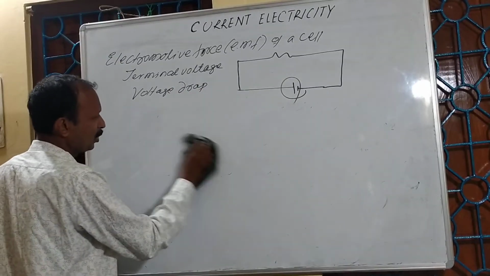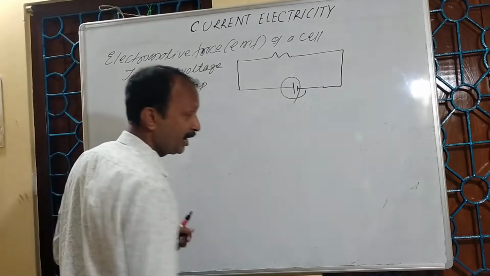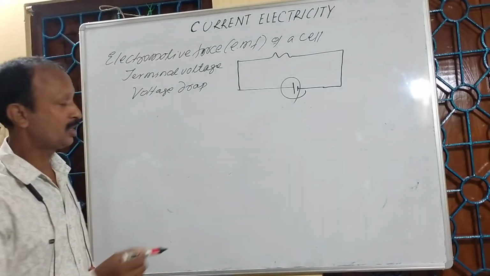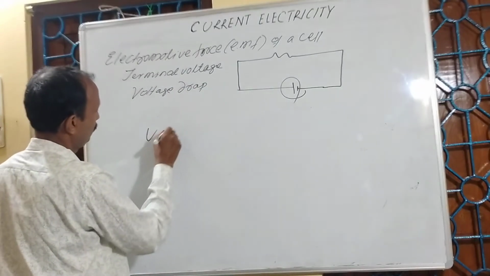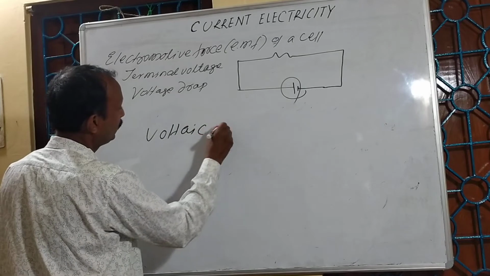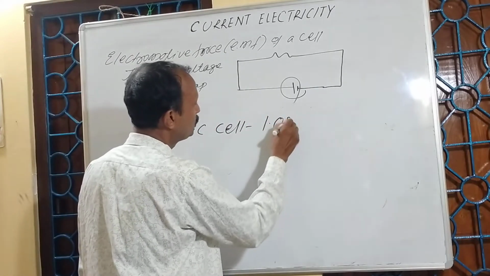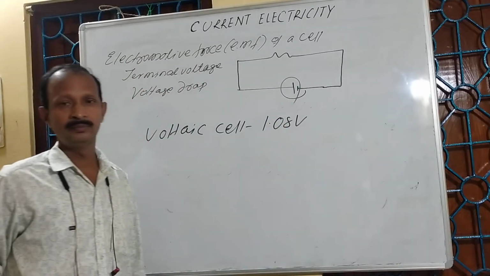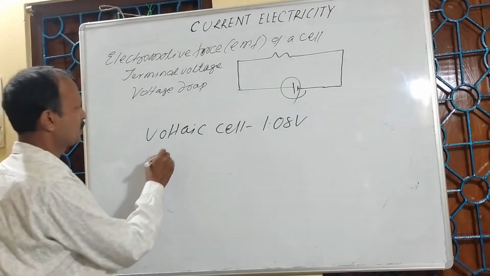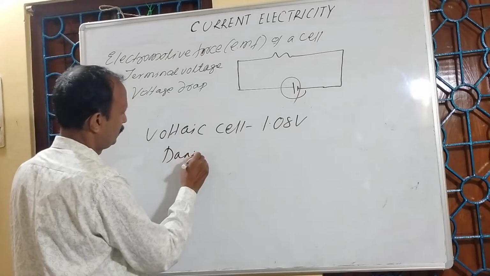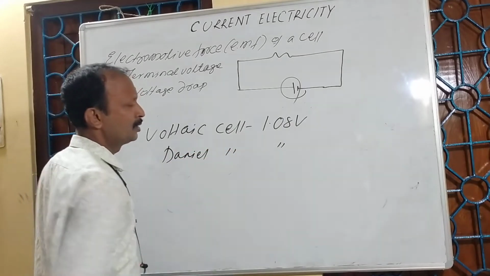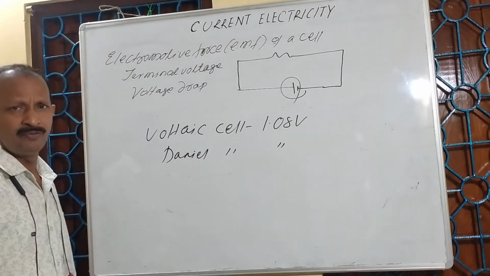So different electrolytic cells are there. They have different capacity. For example, voltaic cell, its capacity is 1.08 volt. Or Daniel cell also same 1.08 volt.